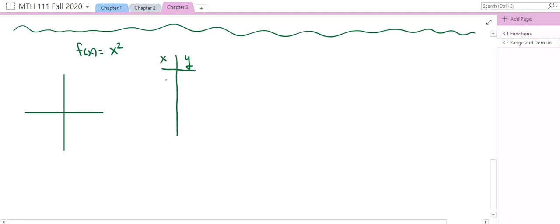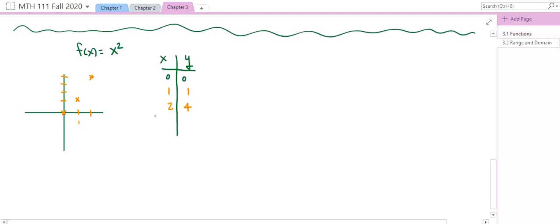When x is 0, y is 0. Let's plot this with orange, I think. So that's this point. When x is 1, y is 1. That's that point. When x is 2, y is 4. It's up here.